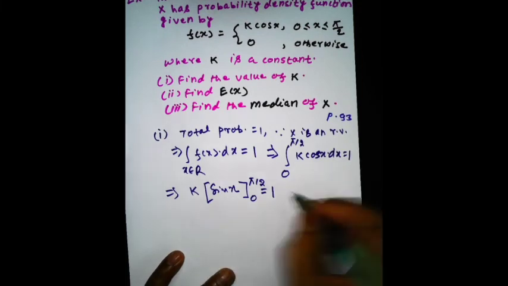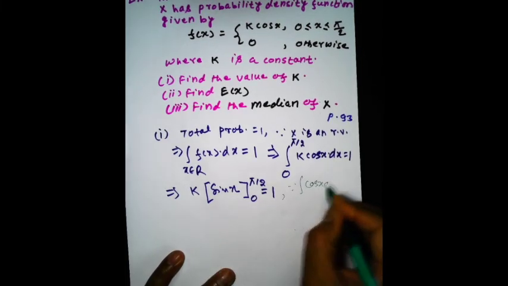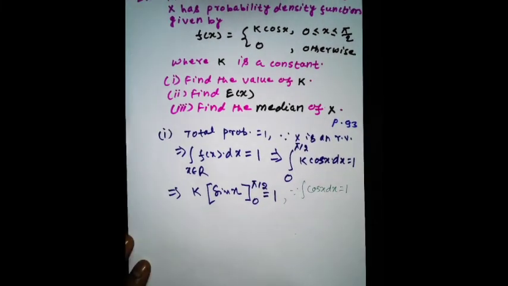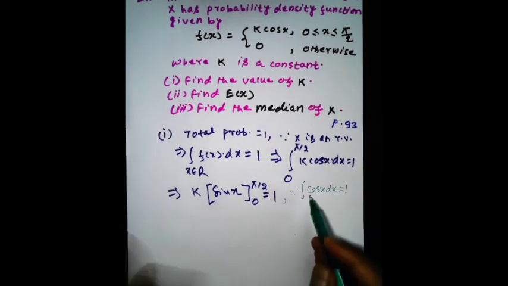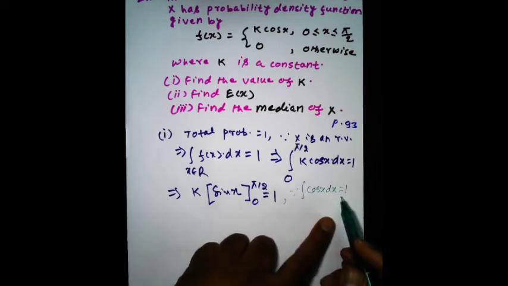So since you know that the integration of cos x dx is sin x, in order to solve this kind of problem you should have sound knowledge of calculus. So here you can see you should have sound knowledge of integration, that is the integral calculus.